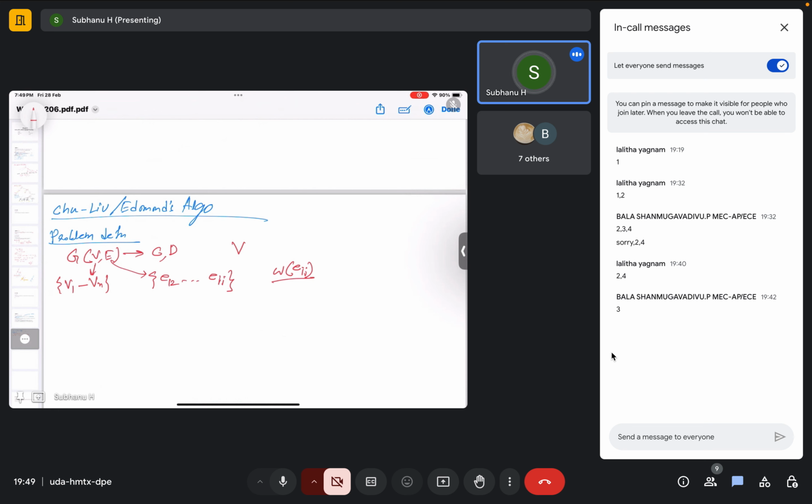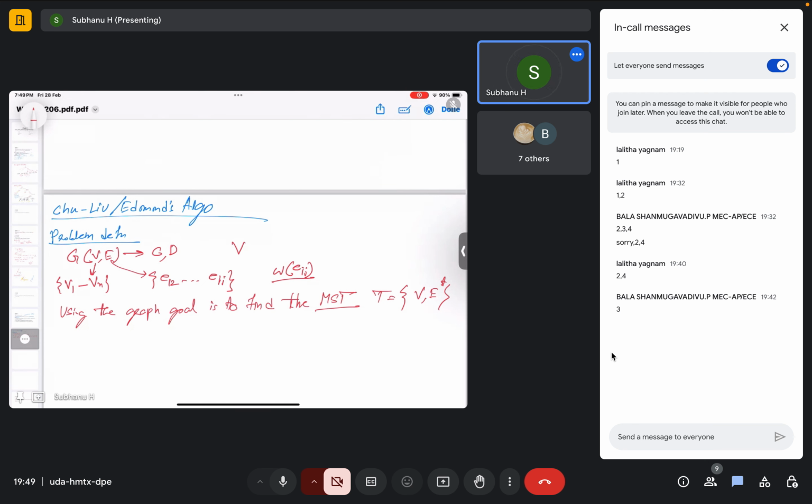So here, using the graph, our goal is to find the maximum spanning tree. We can denote it by T, Et, where all the vertices are connected.